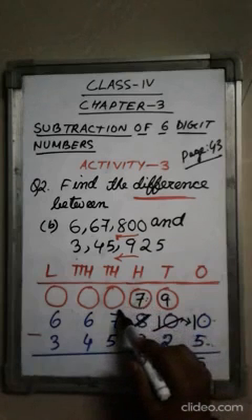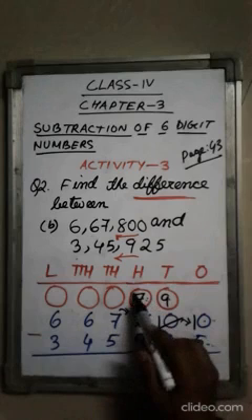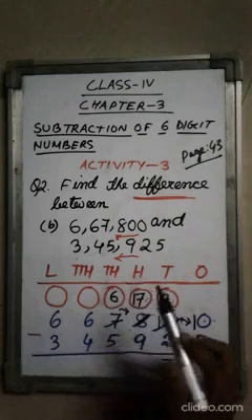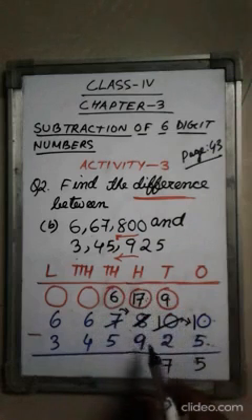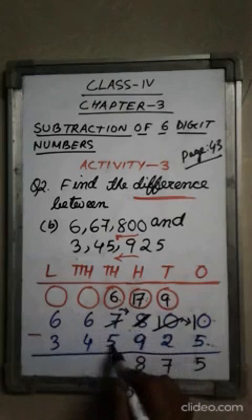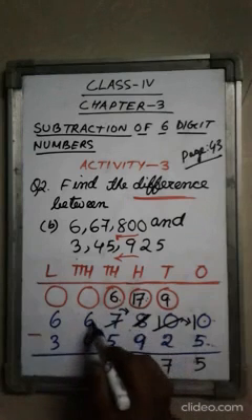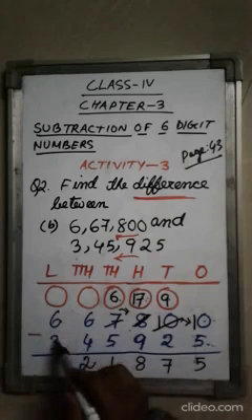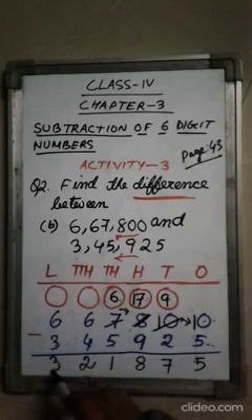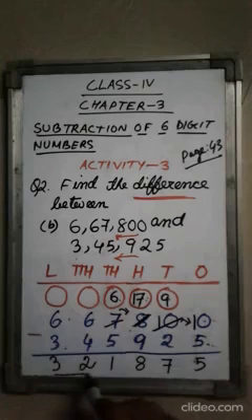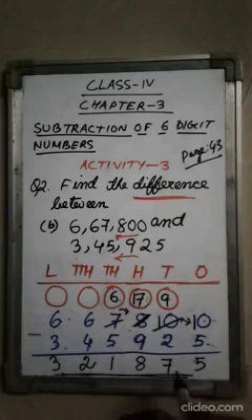Again we have to borrow 1, so it becomes 17, and 7 will become 6. 17 minus 9 is 8, 6 minus 5 is 1, 6 minus 4 is 2, 6 minus 3 is 3. Therefore the difference between the two numbers is 3,21,875.